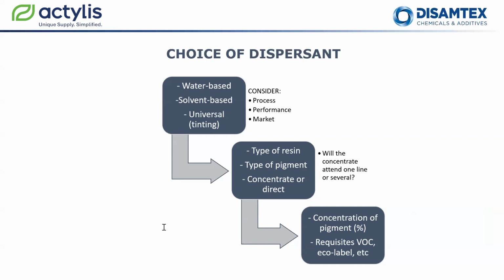All this must be considered. Then, process constraints, expected performance, and market requirements guide these choices. Finally, pigment concentration and regulatory demands like VOC limits or eco labels strongly influence the final dispersant selection.